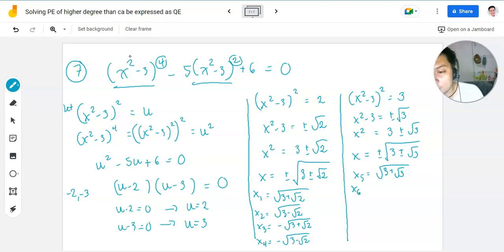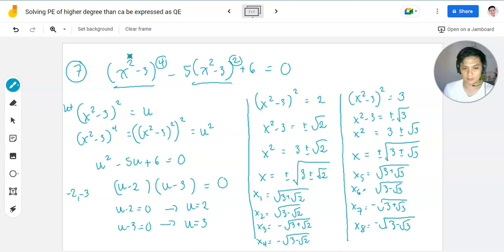And then x sub 6 is positive the square root of 3 minus square root of 3. x sub 7 is negative the square root of 3 plus square root of 3. And then finally, x sub 8 equals negative the square root of 3 minus square root of 3.